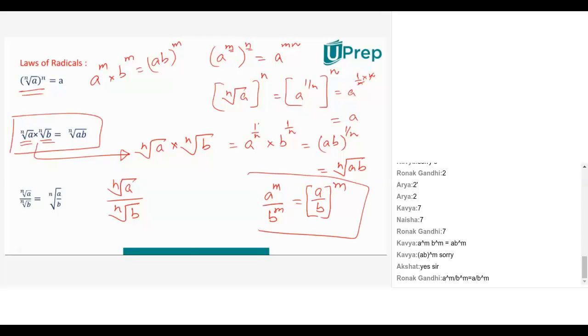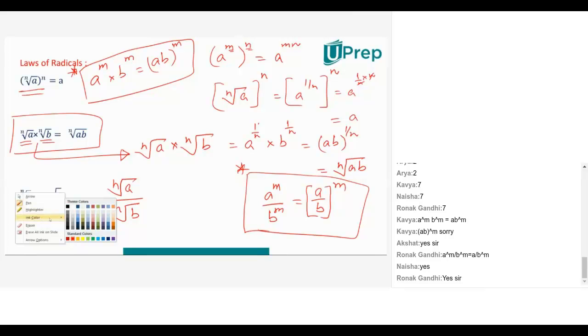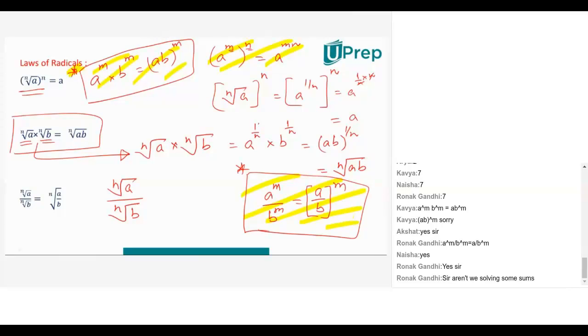This is also another formula that we learned in our previous class. All these formulae, just put a star mark and take a note of them. We have done these formulae in the previous class, and I actually showed you the proofs also, if you remember. I just did not give you the formulae.